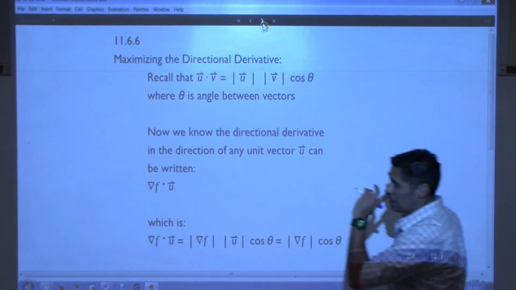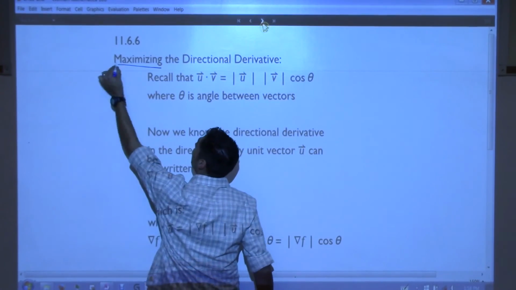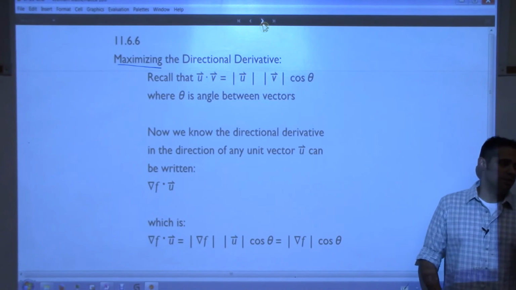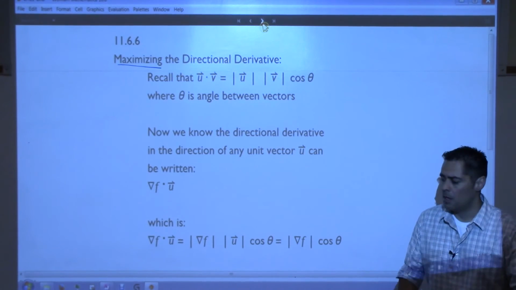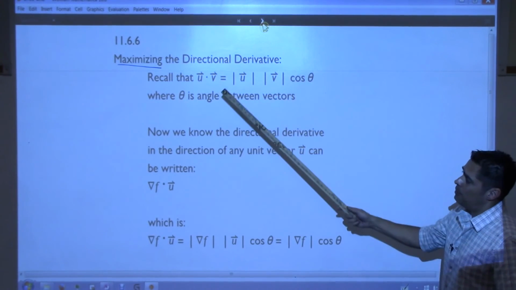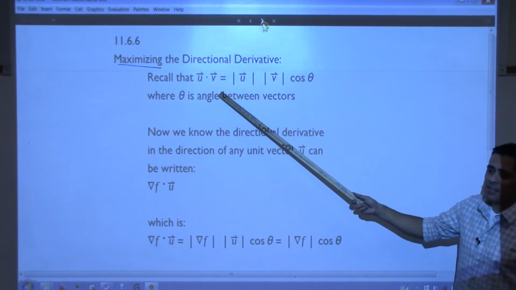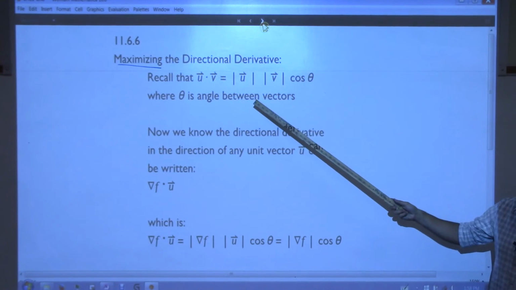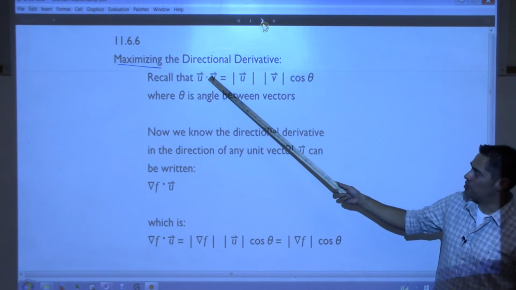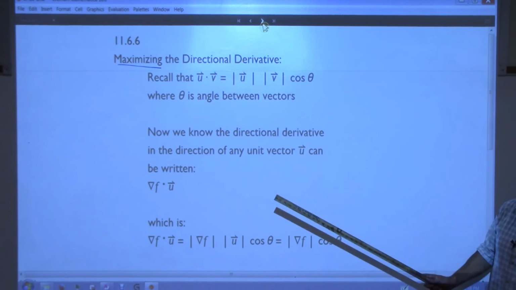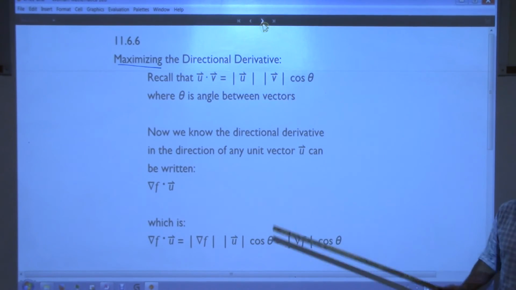We are trying to figure out what will maximize the directional derivative. What will give us the largest directional derivative? Well, if we look back at the definition of the dot product from way, way back when, we had this alternative definition, where as long as these weren't zero vectors, the dot product is equal to the magnitude of u times the magnitude of v times cosine of theta, where theta is the angle between the two vectors.